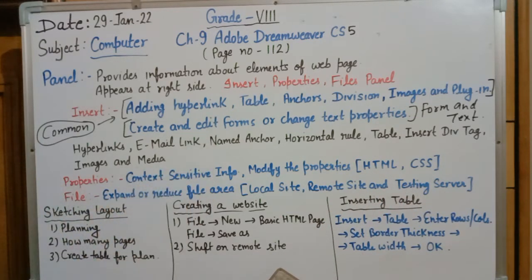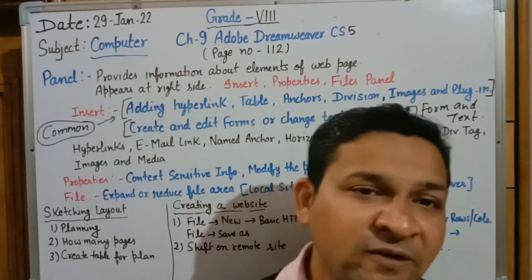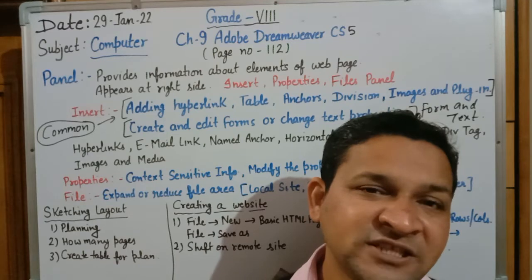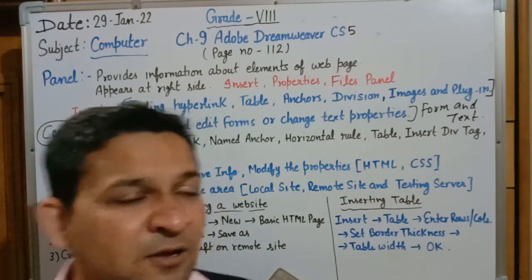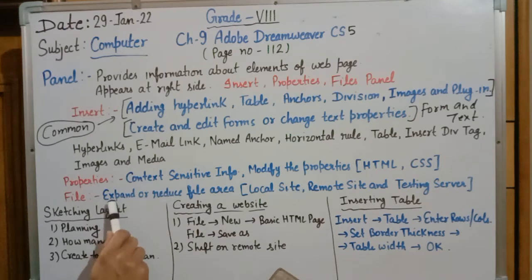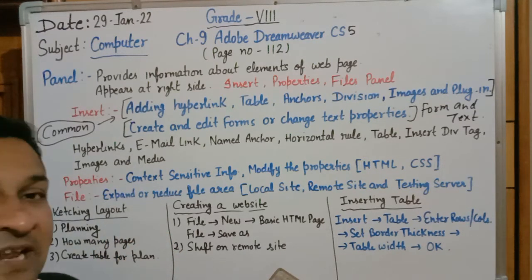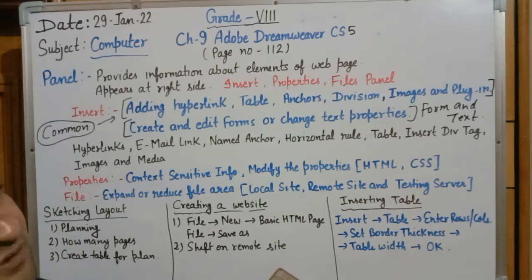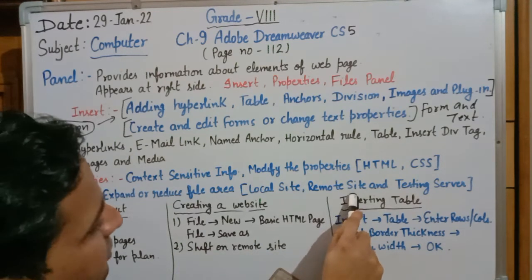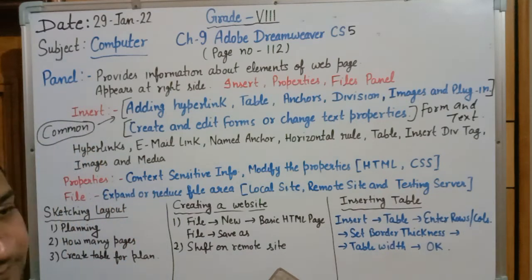The third type of panel we have is the file panel. The file panel provides features to change file properties, to update the file, to adjust the file. It has two features: to expand or reduce the file panel area. When it is reduced, when it is collapsed, three types of options will be there: local site, remote site, and testing server.